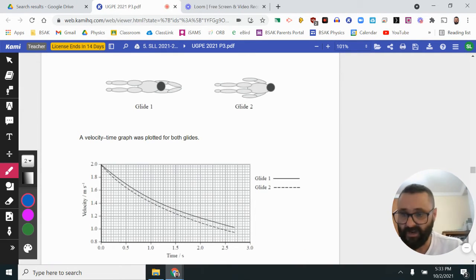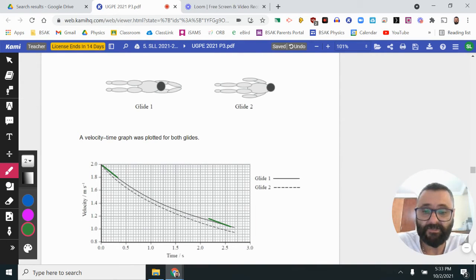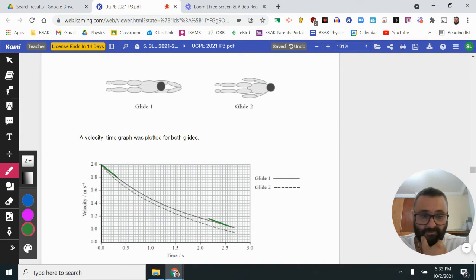So the gradient starts high, and the gradient ends up lower. The reason for that is, well, he's slowed down, isn't he? As you slow down, water resistance decreases as well. Okay, so there's quite a lot to talk about there.